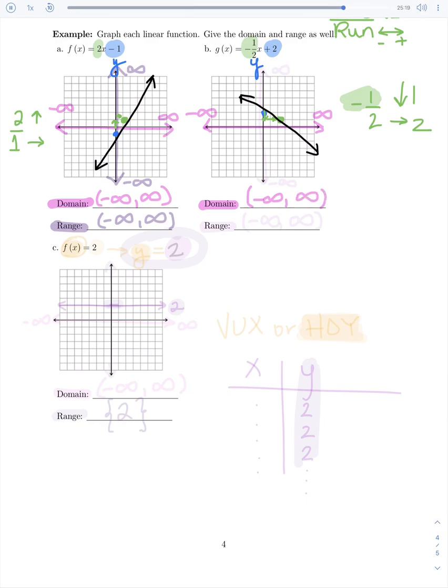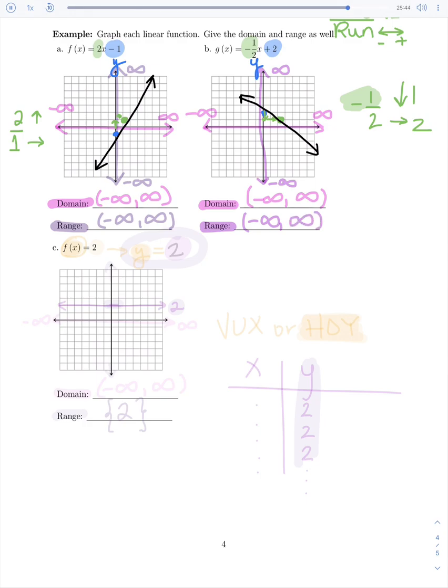And with regards to the range, let's see. For the range, reading it from smallest down at negative infinity, working our way up to positive infinity, it goes down forever and up forever. So again, it will be negative infinity to positive infinity.